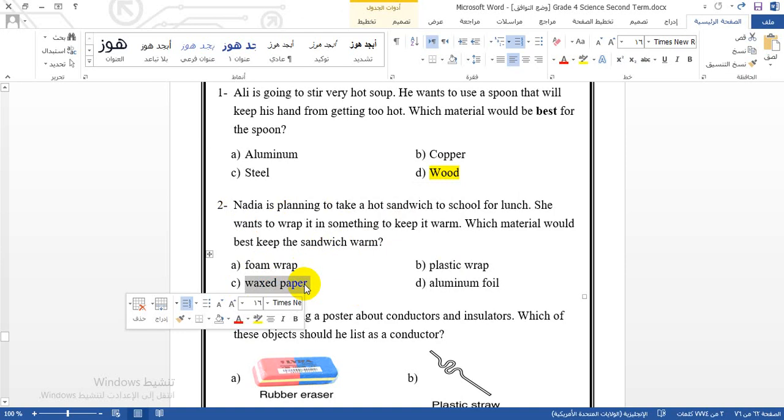That waxed layer keeps the sandwich hot and prevents the heat from moving out of the sandwich itself. So I have to write here the waxed paper, because the waxed paper works like an insulator. Paper is a kind of material that is an insulator.